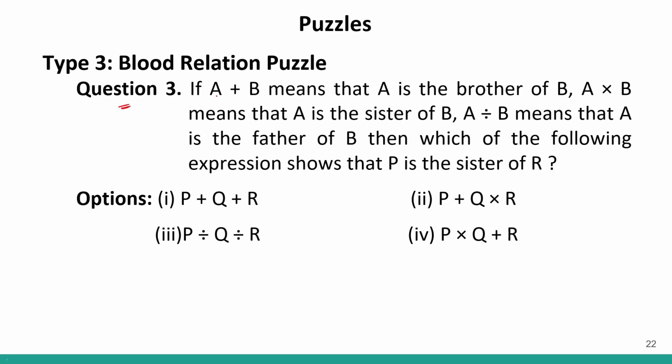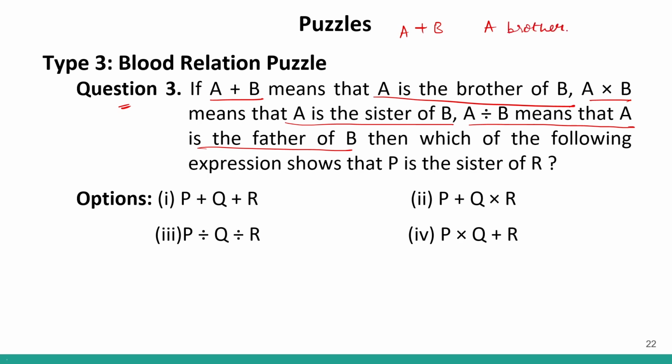Question number 3 says A plus B means A is the brother of B. A into B means A is the sister of B, and A divided by B means A is the father of B. So these codes are given to us, just written in this form.